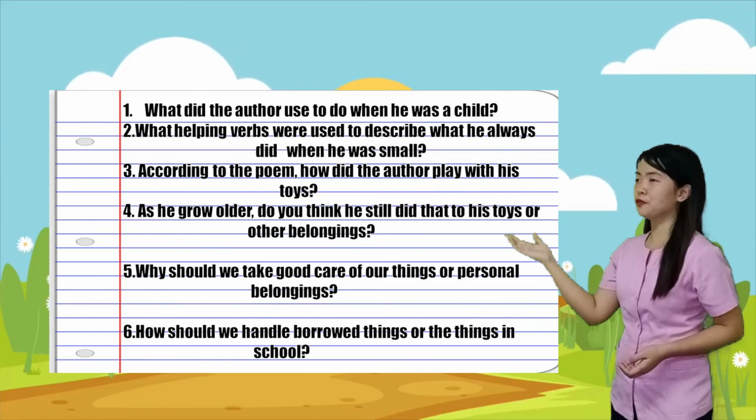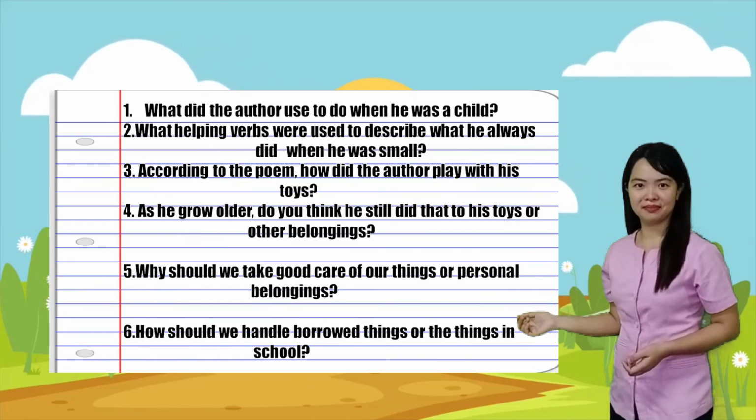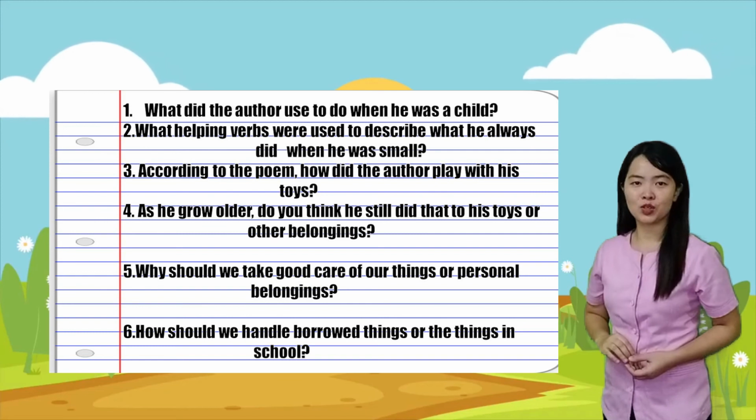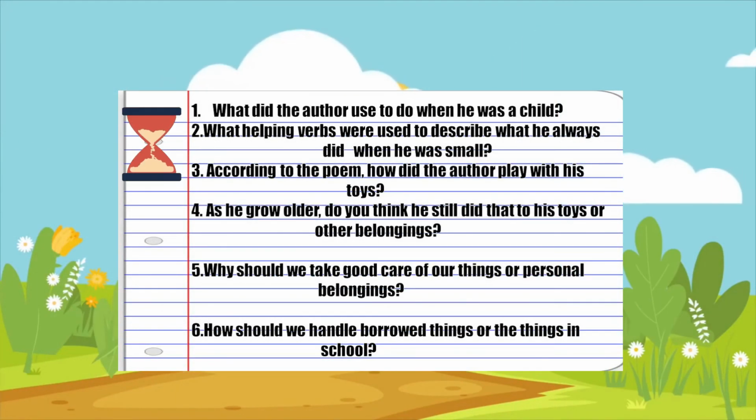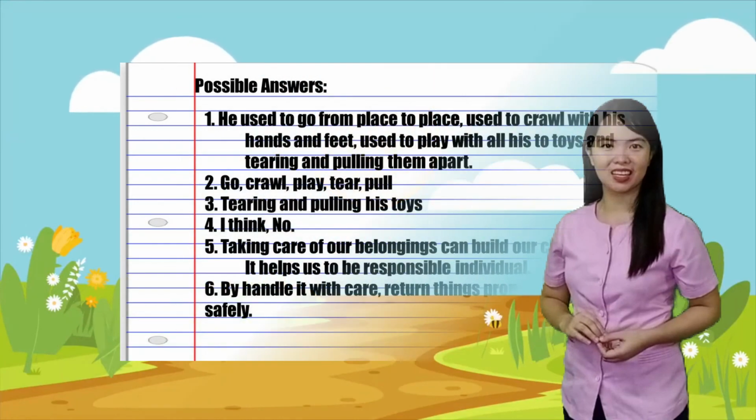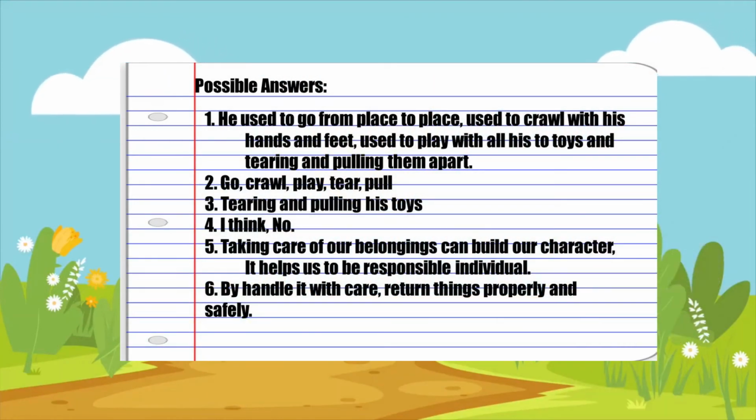Learners, here are the following questions. You have 1 minute to answer these questions. Oops! Time is up! Let us check your answers. Did you get all the correct answers? Great job! Now let us read and study the paragraph inside the box.